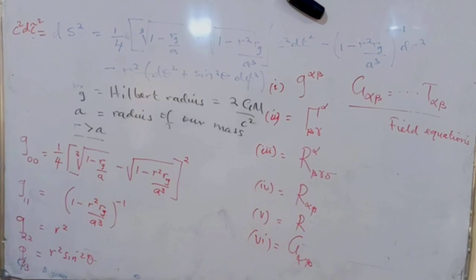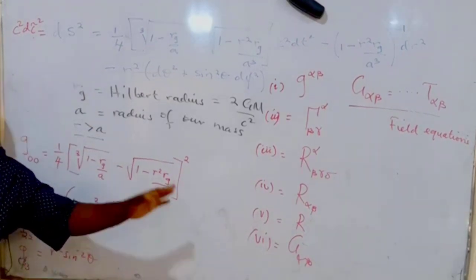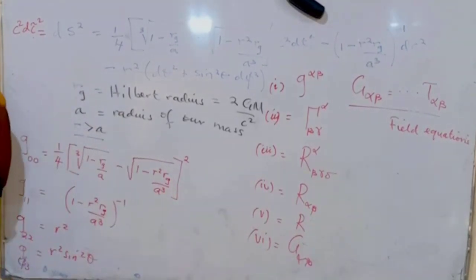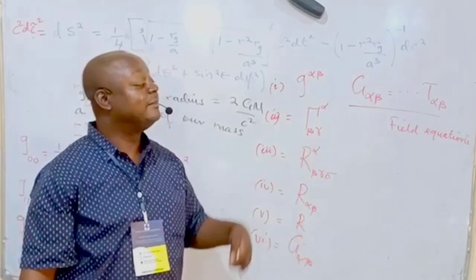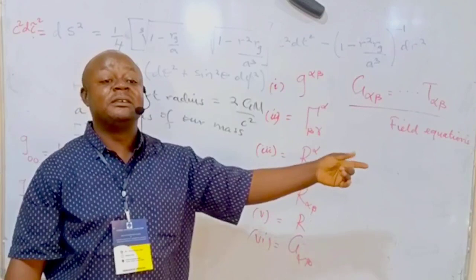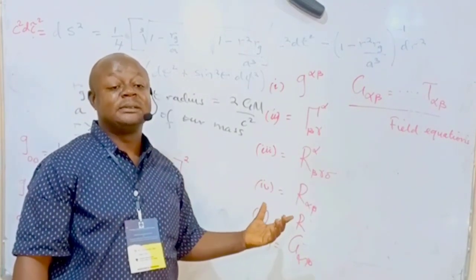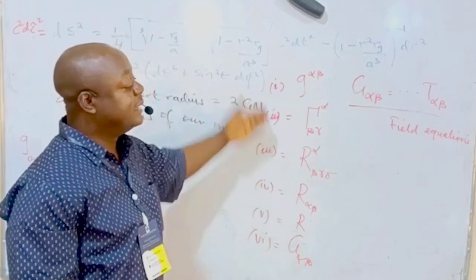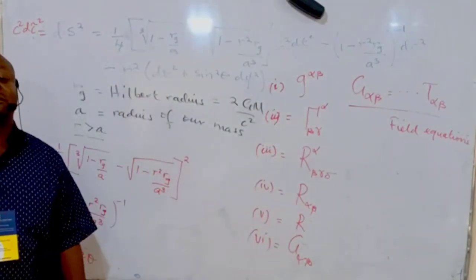Okay, so what we did on Wednesday, trying to get planetary equations of motion. You follow almost the same steps to try and get planetary equations of motion for this particular metric. Okay, so you try to get planetary equations of motion, and then we also try to solve them.